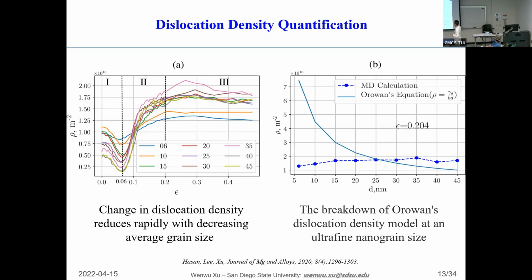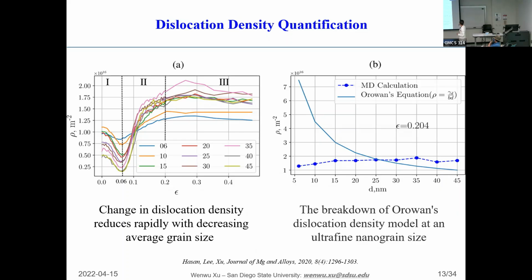In this equation, which is a very simple analytical equation, rho is the dislocation density, which is what we computed here. B is the Burgers vector, which is a physical property describing the feature of a dislocation defect.